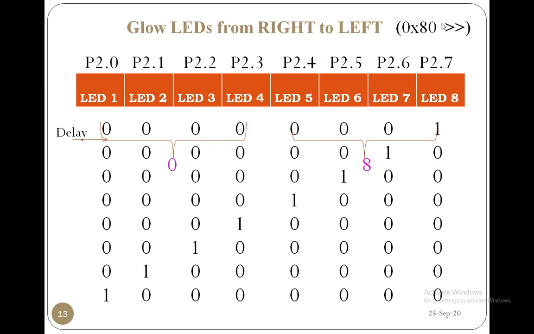After that I have to left shift the contents by 1 shift, 2 shift, 3 shift, 4, 5, 6, 7. After 7 we will stop, or after 7 we will again come to this one for repetition, right. So this is about left to right and right to left.